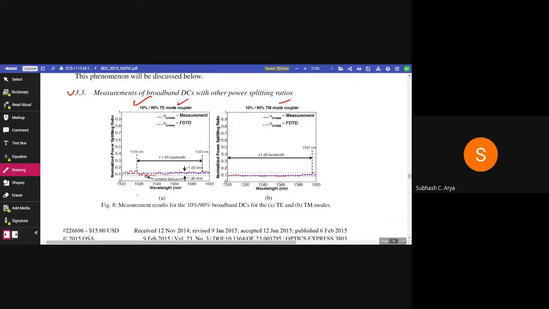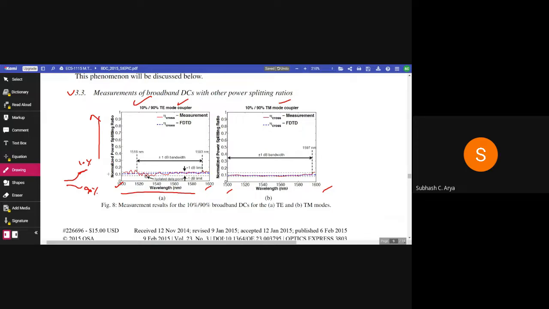On the x-axis we have wavelength range from 1500 to 1600 nanometer in both cases. Then on the y-axis we have normalized power splitting ratio. Power splitting ratio means one output is giving say 10% and the other output is giving say 90%.